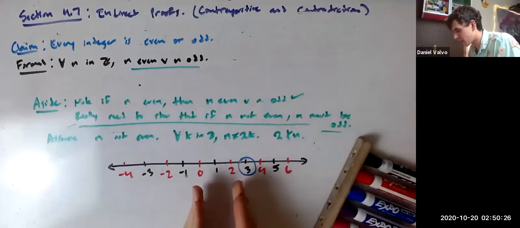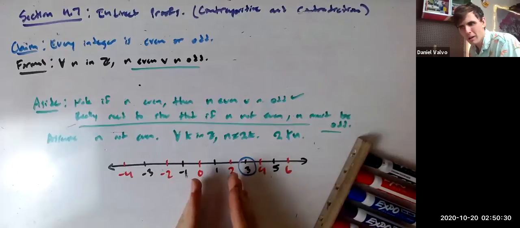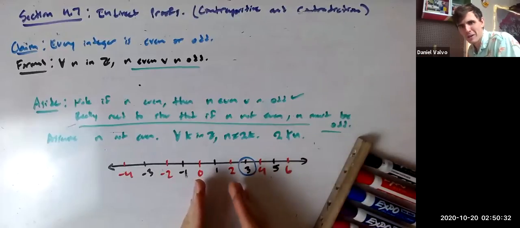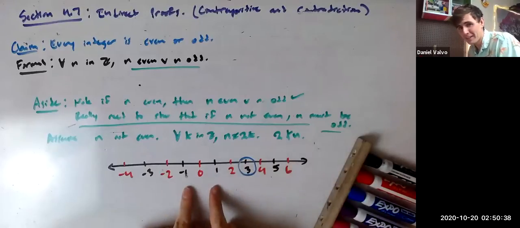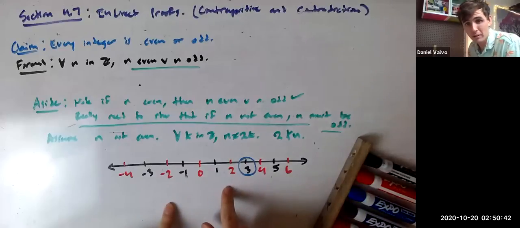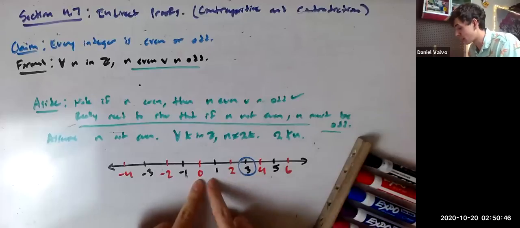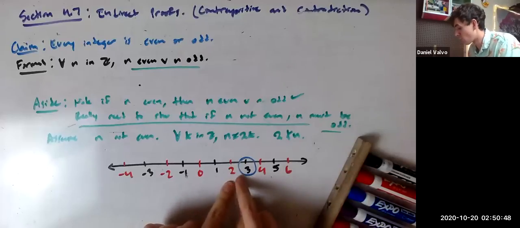Every even number is within 2 of another even number. So if you're not even, the most you can be is within 1 of an even number, right? They're actually within 1 on both sides. But the one we care about more is the one below it.